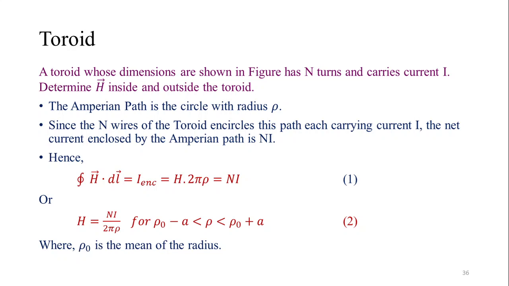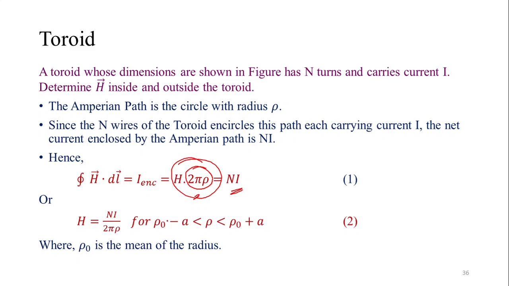As per Ampere's circuital law, the line integral of H dot dl is I enclosed. H dot dl is H into 2 pi rho, since this is the circumference of the circular Amperian path.